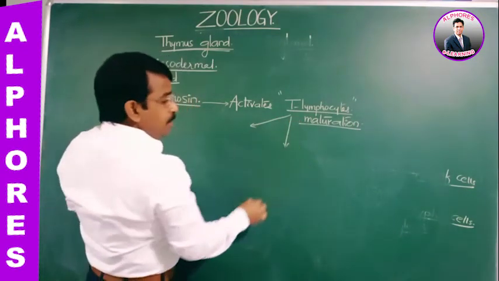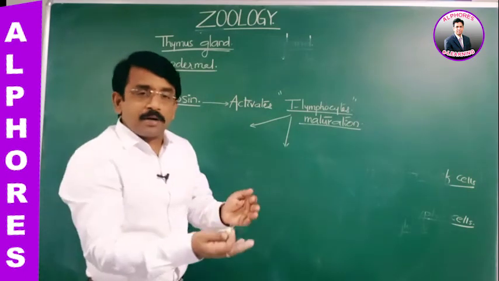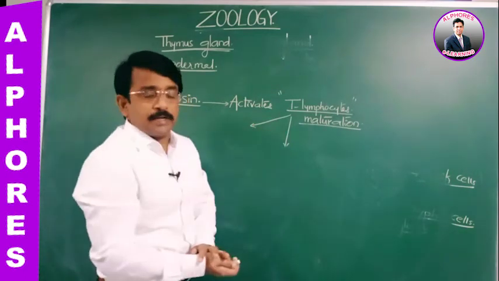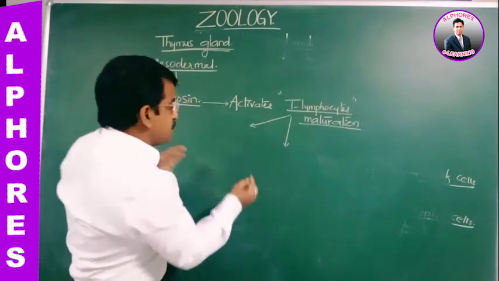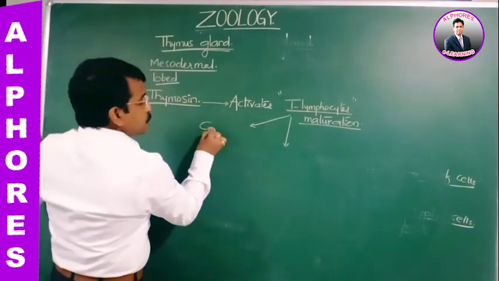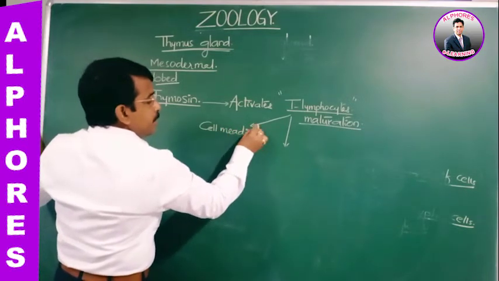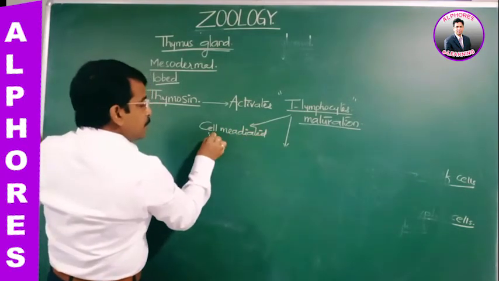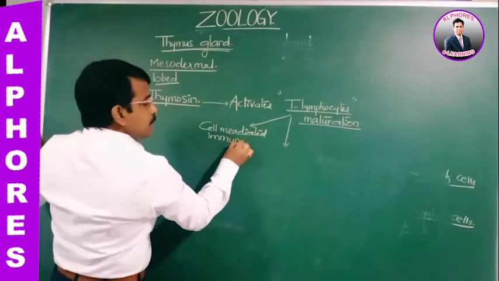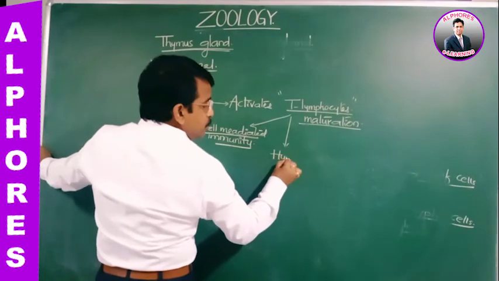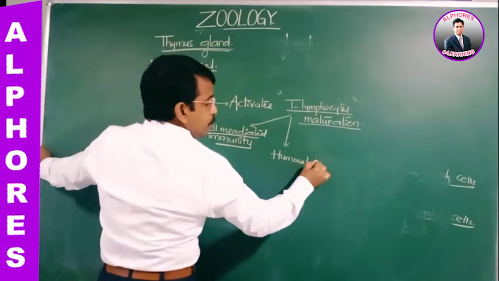These T lymphocytes play a vital role. We know very well that T lymphocytes are T helper and T cytotoxic. Activation and maturation of T lymphocytes play a role in cell-mediated immunity as well as humoral immunity.